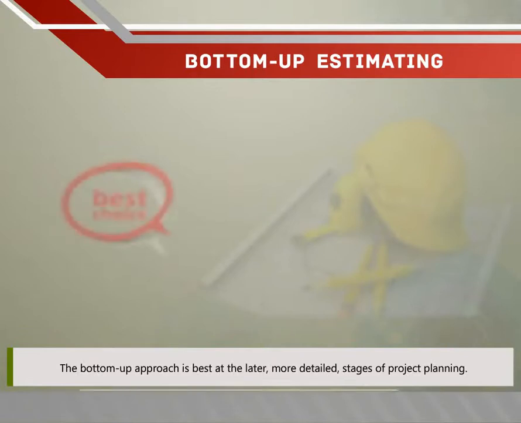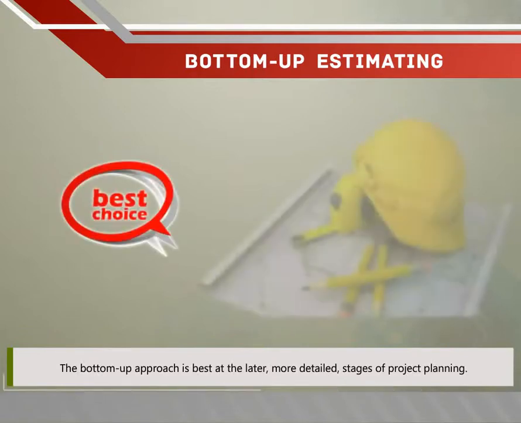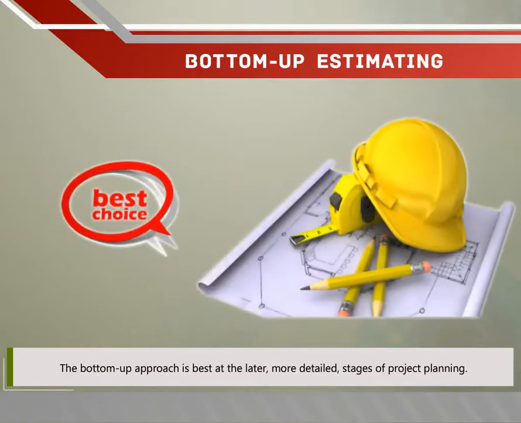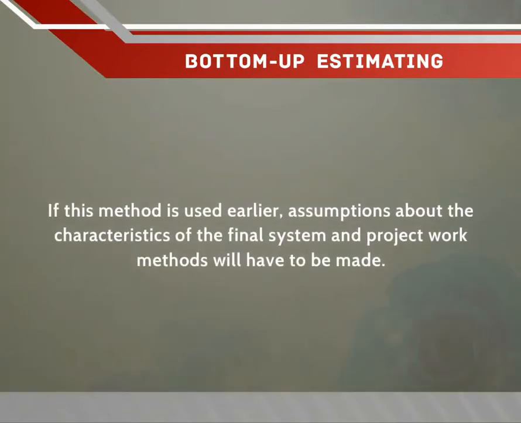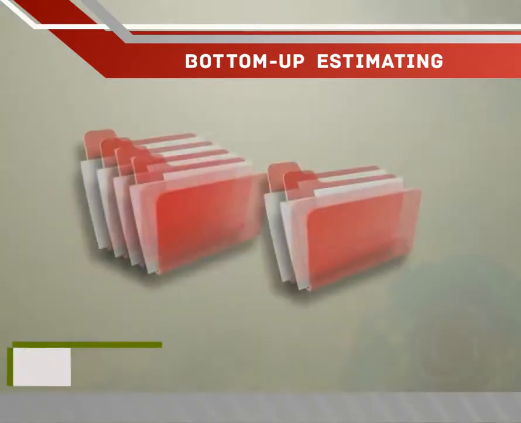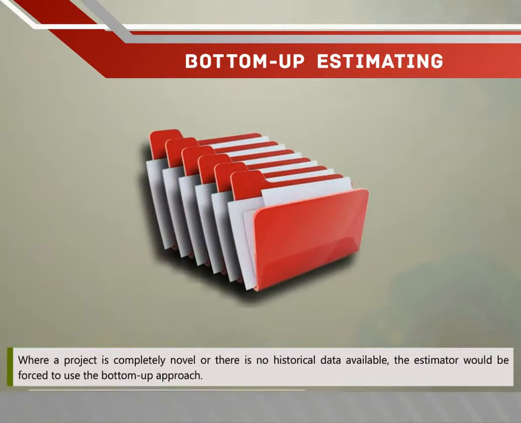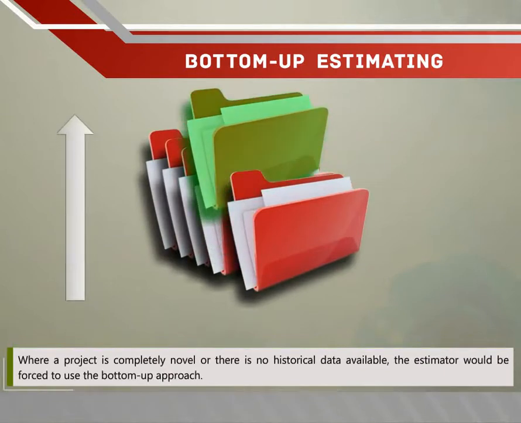The bottom-up approach is best at the later, more detailed stages of project planning. If this method is used earlier, assumptions about the characteristics of the final system and project work methods will have to be made. Where a project is completely novel or there is no historical data available, the estimator would be forced to use the bottom-up approach.